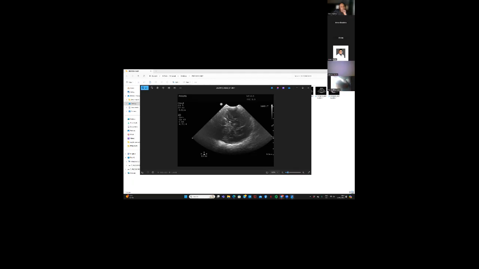Just remember your probe orientation is the opposite way around. It's very important to keep your probe orientation so that the marker always points towards the eyes if you're keeping it coronally, and always upwards for the axial view. So you reverse the probe around. What you're seeing basically here is probably an element of the brainstem. This is the cerebellum that you see, and this is the area of the cisterna magna.